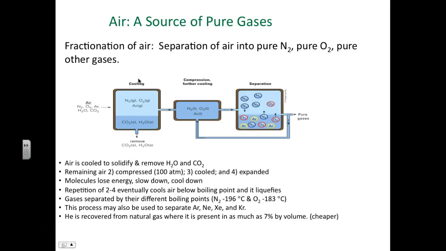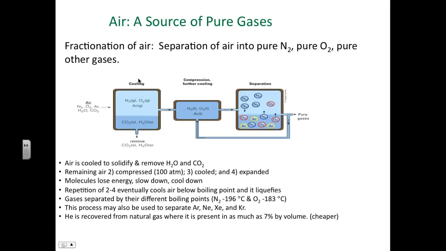Then we raise the temperature again, and at negative 185 degrees Celsius the oxygen turns into a gas, and we can separate that from the liquid that's left over, which will probably be argon and the other noble gases. And like I said, we just keep raising the temperature in order to get each gas by itself.